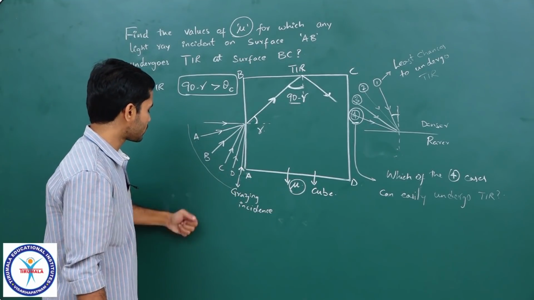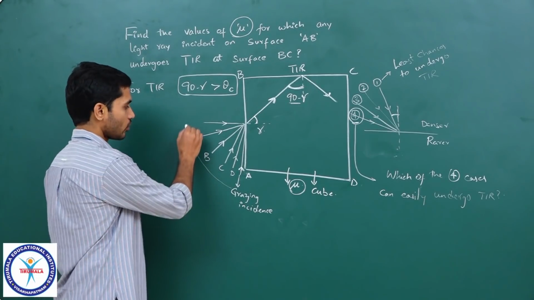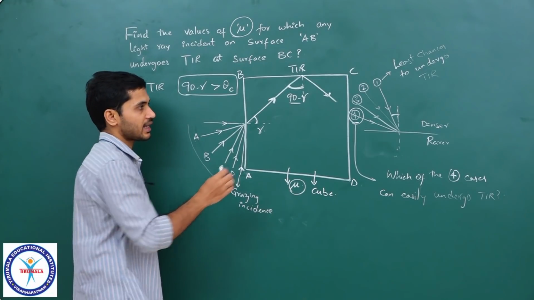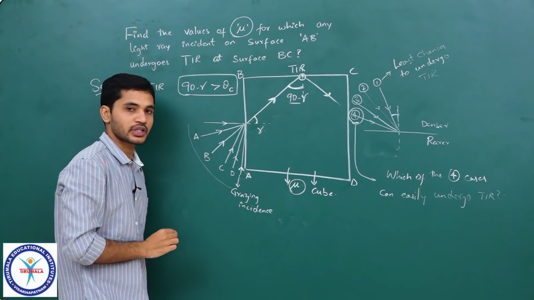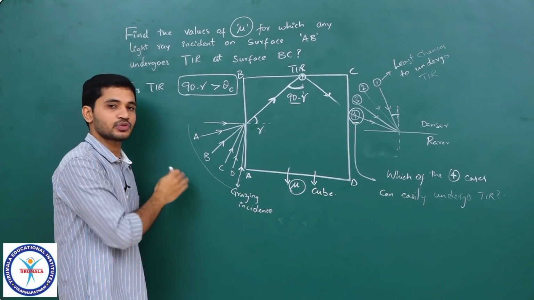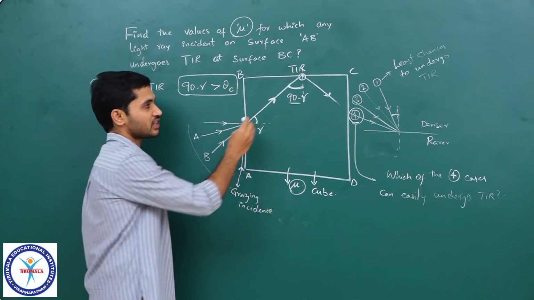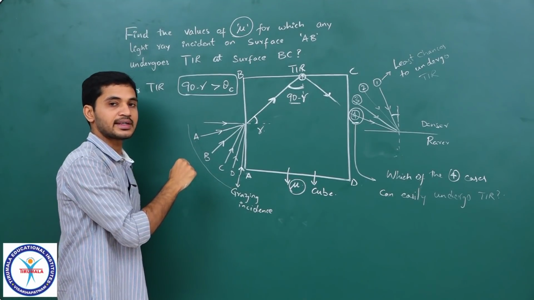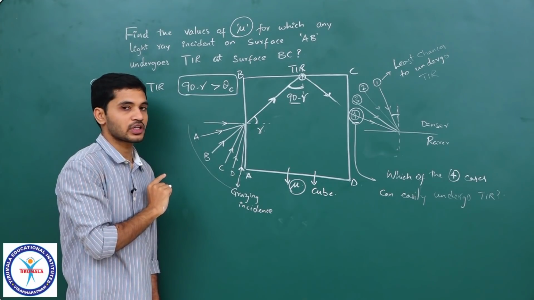Please observe carefully, out of all these light rays, I am going to choose one particular ray which has the least tendency to undergo TIR here, clear. So, I will choose that light ray which has the least tendency and I will write the condition for TIR to happen for that particular light ray, clear.